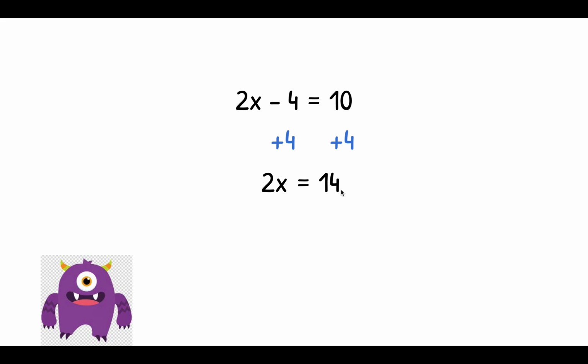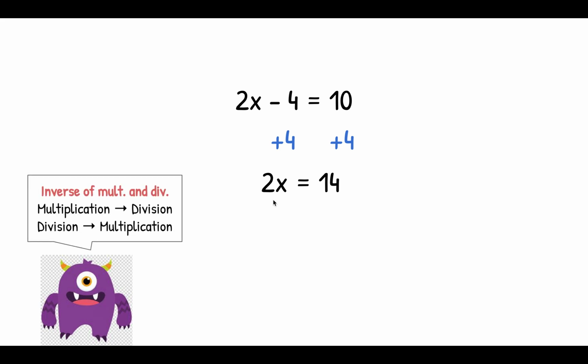But now we haven't isolated x itself yet. We've only isolated the term with x, because we're not trying to solve for 2x, we're trying to solve for x. So now, as I said before, when you have a coefficient for a variable, that means that the coefficient is being multiplied by the variable. So in this case, 2 is being multiplied by x. So what you need to do is divide by 2 now, because the inverse of multiplication is division, and the inverse of division is multiplication.